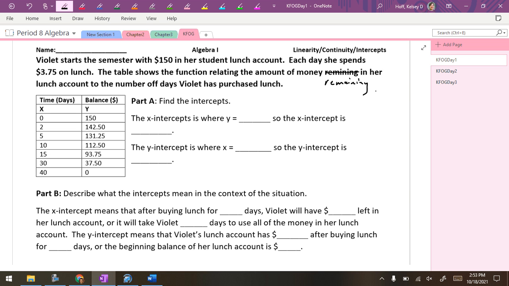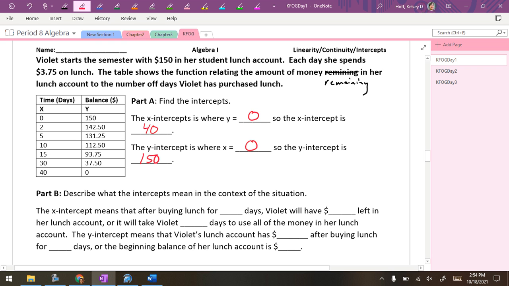The x-intercept is where y equals 0. So if we look at our graph, the x-intercept is at 40. The y-intercept is where x equals 0. So the y-intercept is 150.